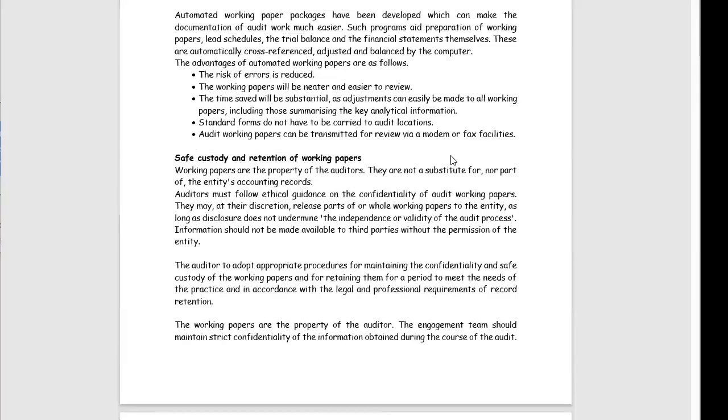So then we have the safe custody and retention of the working papers. Working papers are generally the property of the auditor. For that case, auditors are the ones who should maintain the safe custody of the working papers. They are not a substitute for, nor part of, the entity's accounting records.